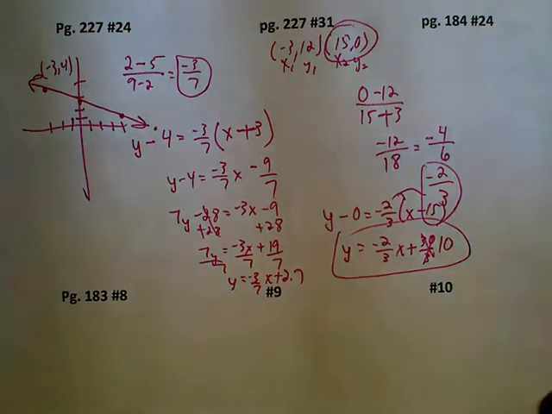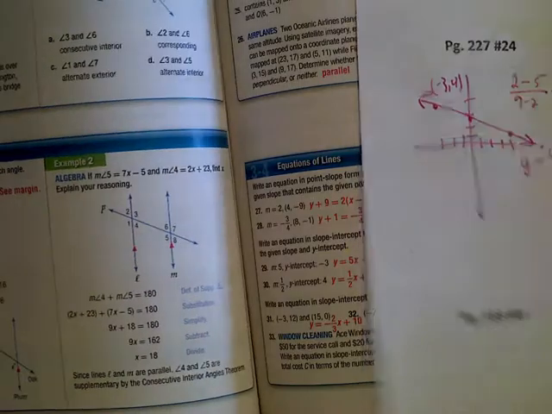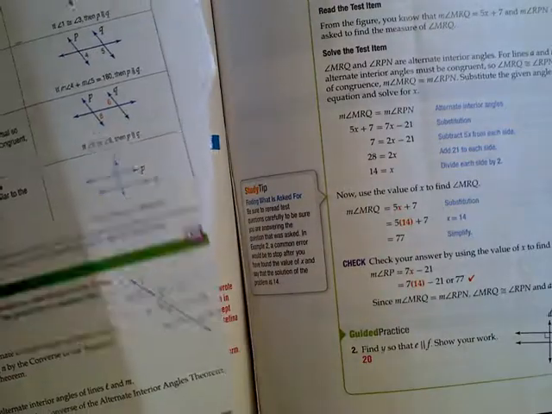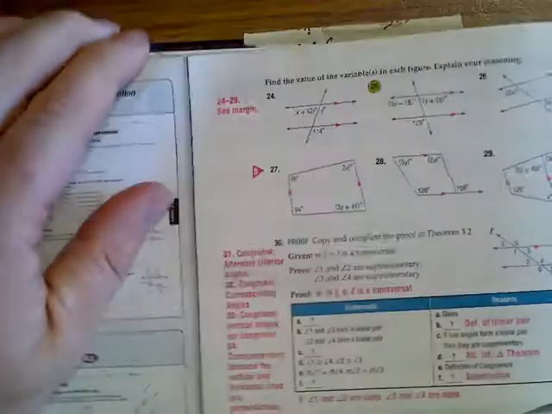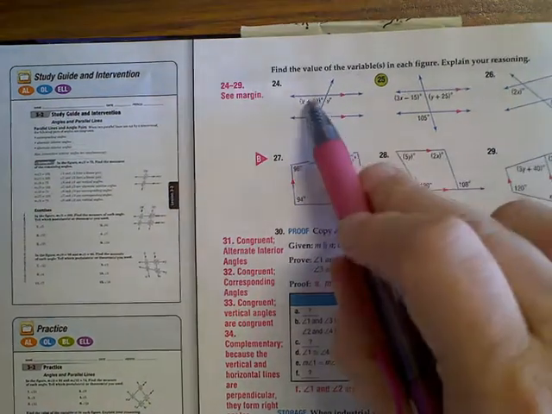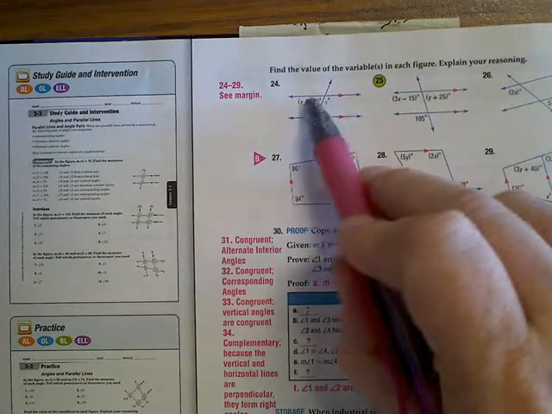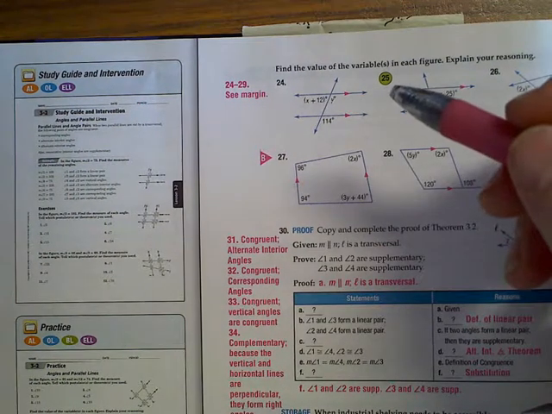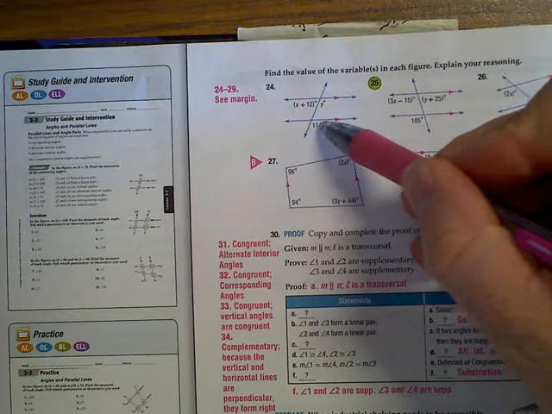Page 184, number 24. So I need to find the values of x and y. I cannot do the relationship between x and y before I find one of the values. So I got to use 114.